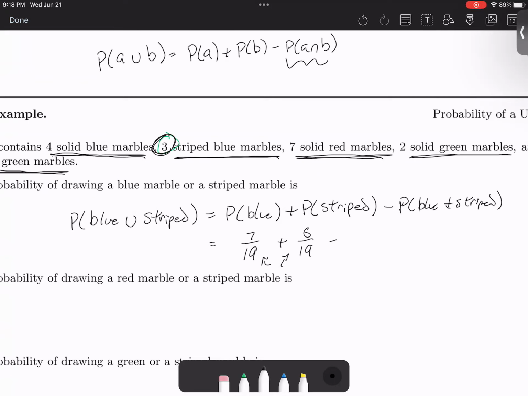So we need to subtract off the 3 out of the 19 striped blue marbles. So when we do this, we get 13/19, or roughly about 68%, 0.68 or 68%.